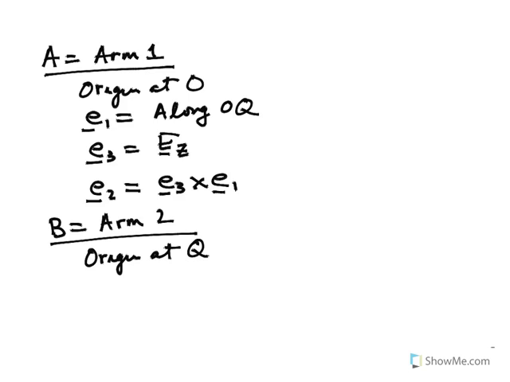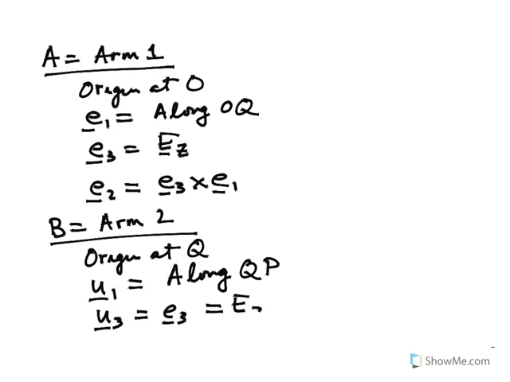So since this coordinate system is fixed in the second arm, the origin is going to be at Q. U1 is going to be along QP. U3 is going to equal E3, which also equals EZ. And then U2 is going to equal U3 crossed with U1.